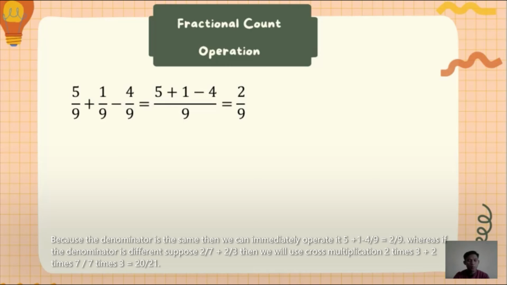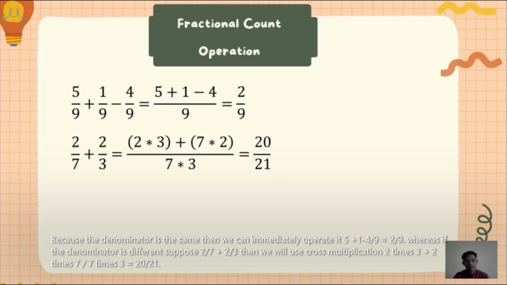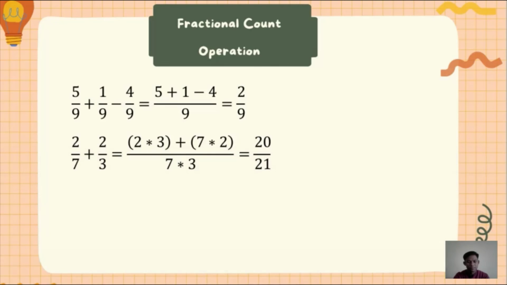Whereas if the denominators are different, suppose we have 2/7 and 2/3, then we will use cross multiplication. 2 times 3 plus 7 times 2 all over 7 times 3 is equal to 20/21.